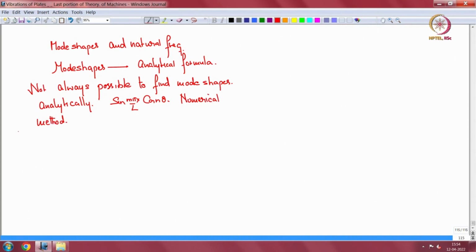So in that league will come this method called Rayleigh quotient and Rayleigh-Ritz.